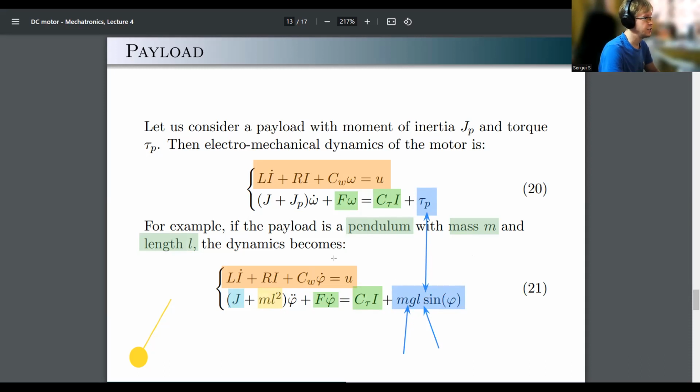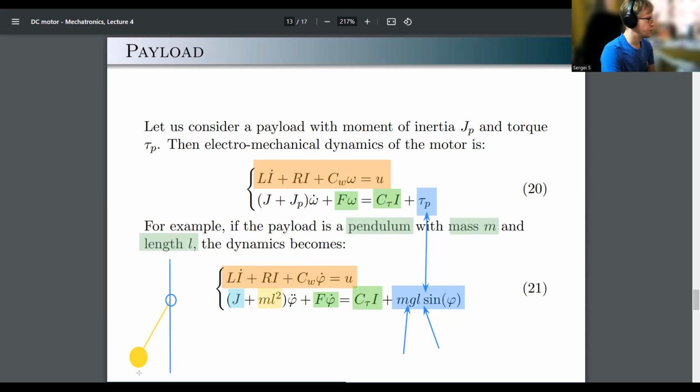This is the distance between the direction of the force and the axis around which rotation happens. For example, here we have the axis of rotation, where the motor is connected. We can draw a vertical line.